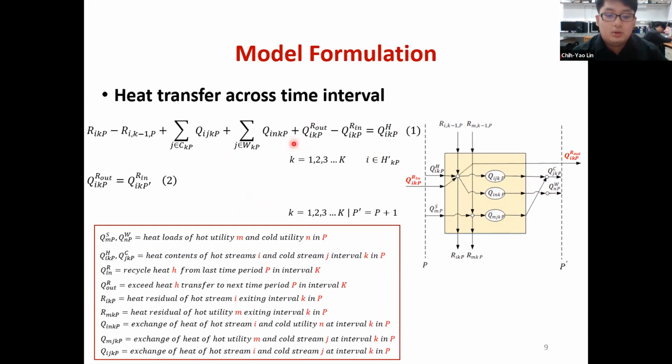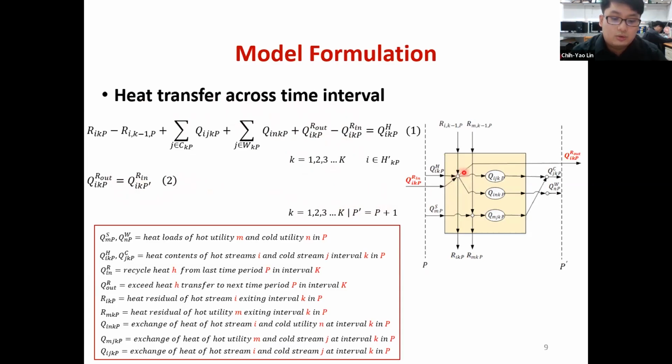This is the multi-period transfer model formulation for heat transfer across time intervals. We just need to modify the hot stream balance formula. We added two variables, QRoutIKP and QRinIKP, and we need to add a new constraint: QRoutIKP equals QRinIKP', where P' equals P plus 1.